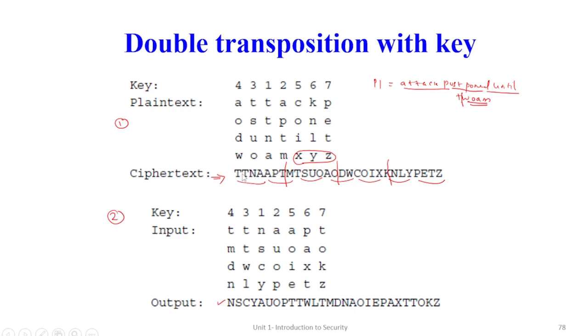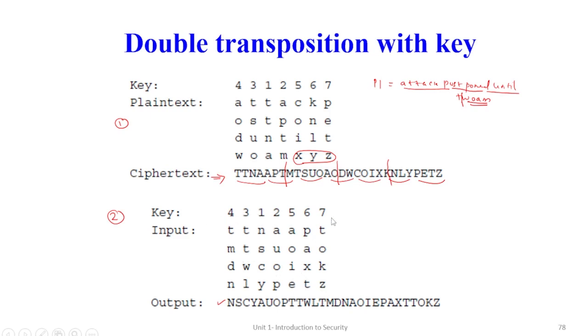The first 7 letters are TTNWAPT. Then the next 7 values are MTSUOAO. The next 7 letters are DWCIOXK. Then the remaining letters. So you arrange these letters in row order.